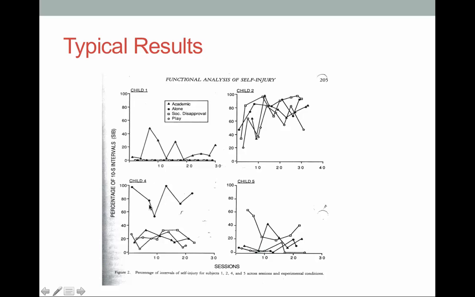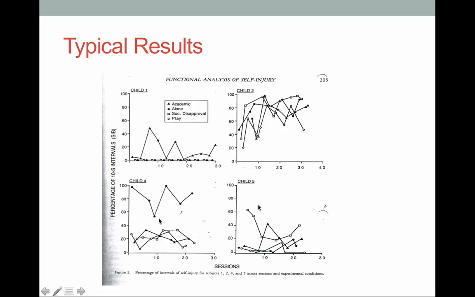In child 4, on the other hand, seemed to be highest in the alone condition, which suggests that their self-injury was maintained by non-social factors, so automatic.